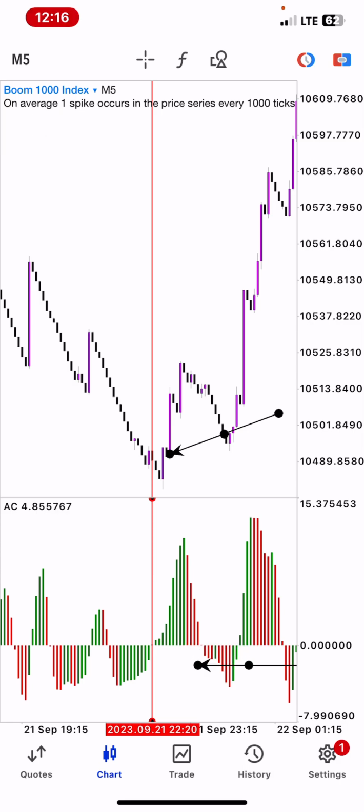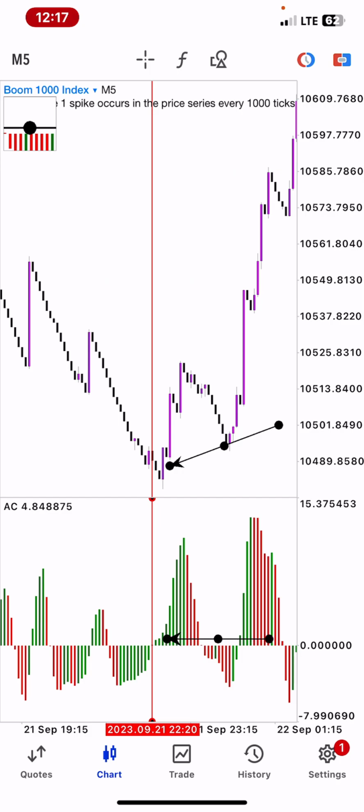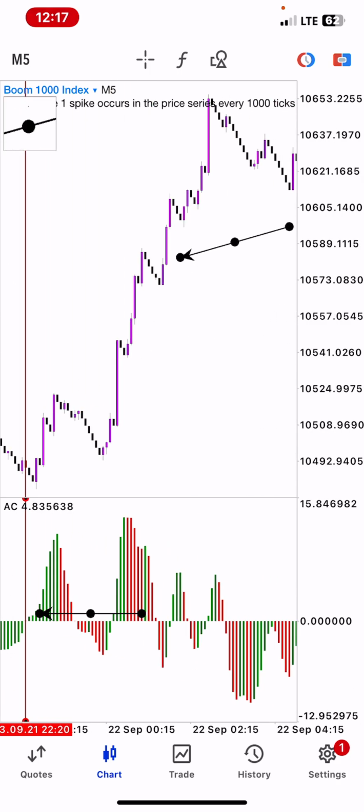Now what you need to do is just wait for one spike to come, which was this one. After that, because you can see that these candles here are becoming bigger, immediately you enter the market. So if you enter the market from here, you catch this spike, price pulls back to a level here, then continues going up.